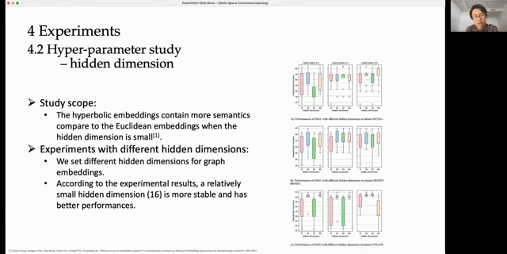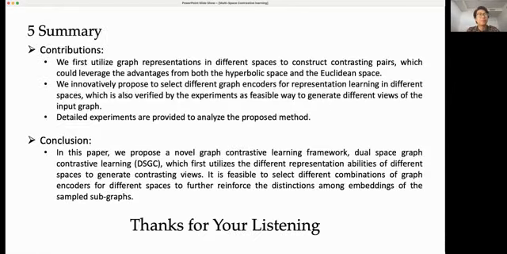When hidden dimensions are large, such as 32 or 64, the results have not shown superiority. Note that the performances of DSGC with different hidden dimensions are not stable on the dataset COLLAB, and the situation is more severe when hidden dimension is 32 or 64. Therefore, for DSGC, we should adopt a relatively small hidden dimension to have higher efficiency and better performances.